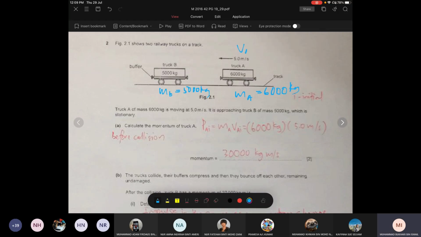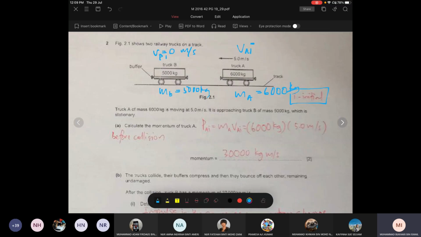So VA, V stands for velocity, and then write I here. What is I? I is initial, I mean here before the collision. And then what else we have? This is stationary, so VB equals 0 meter per second because it is stationary. This is VBI also, initial velocity is 0.